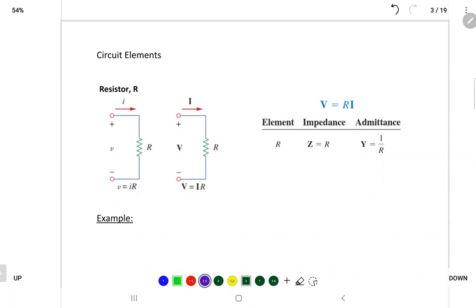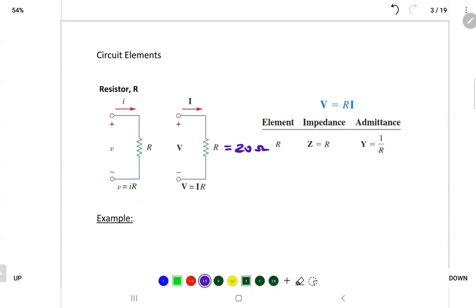You can say 20 ohm, 30 ohm. Impedance is more general. It can cover inductors and capacitors too. If you have a resistance, the impedance is still the same, because originally it was just a scalar value. If R is equal to 20 ohm, the impedance is still equal to 20 ohm.